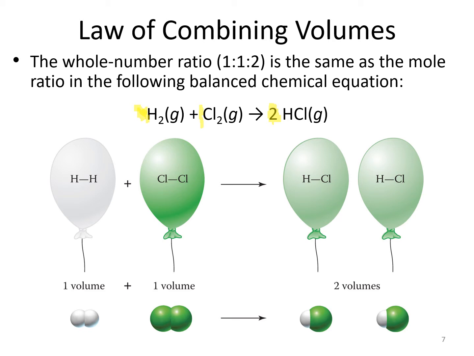So we learned that these are molar ratios, but because all of my compounds here are in the gas phase, indicated by this little g, these coefficients can also be volume ratios as well. Now you can only do this for an all gas phase reaction. So we could say 1 liter of hydrogen gas combines with 1 liter of chlorine gas to make 2 liters of hydrogen chloride gas.